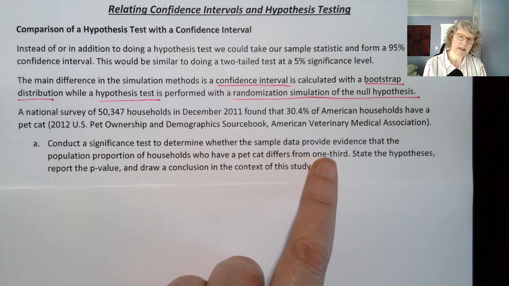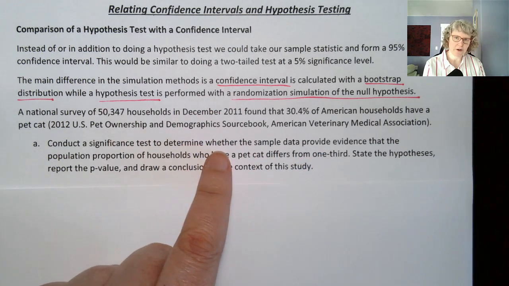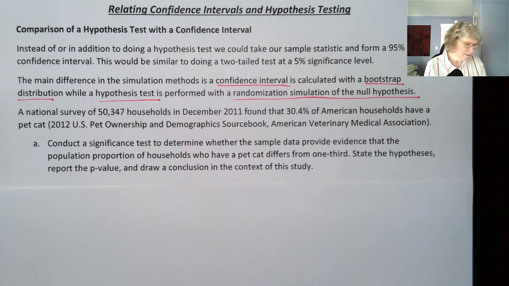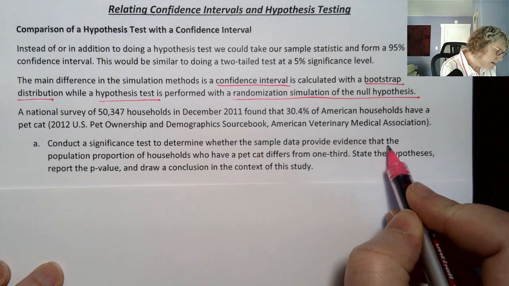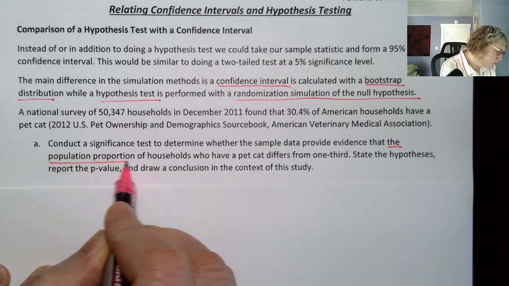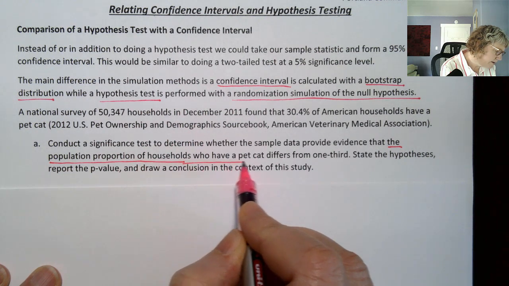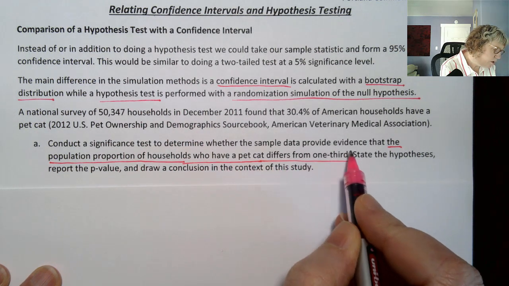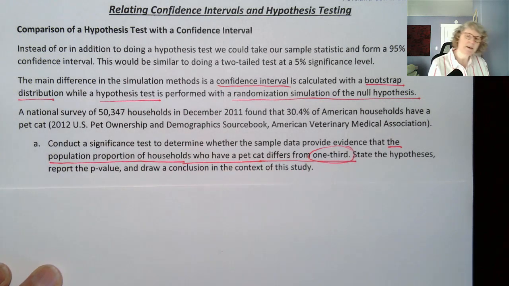Okay, so this sounds like the claim to me, right? Determine whether, so that's test the claim that the population proportion of households who have a pet cat differs from 1/3. Okay, I'm going to circle that because remember, sometimes numbers can be written in words, so look out for that.